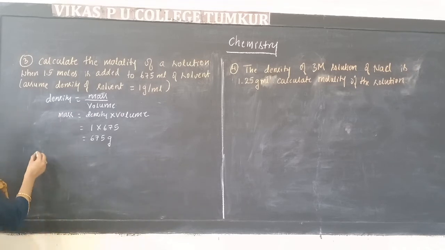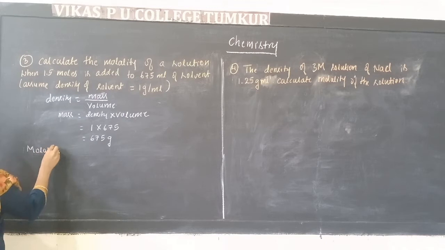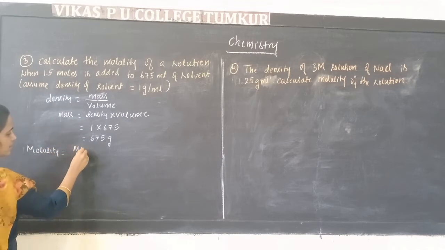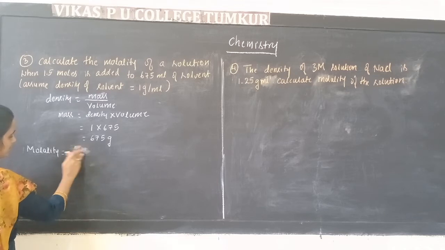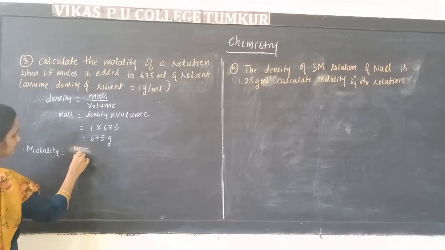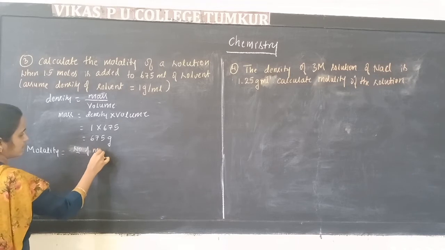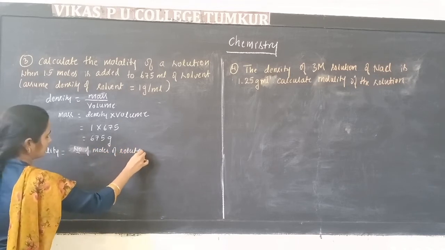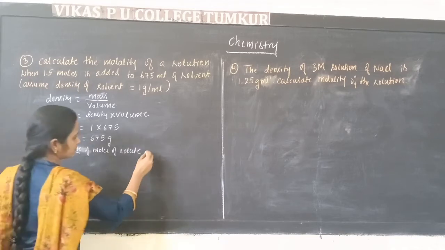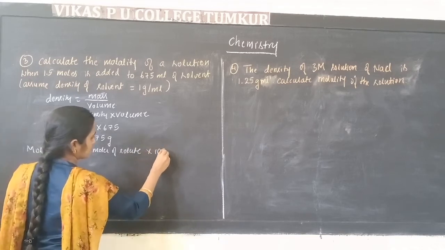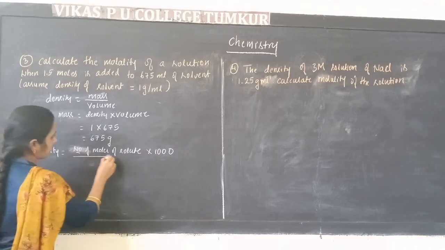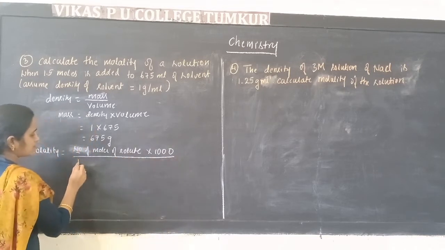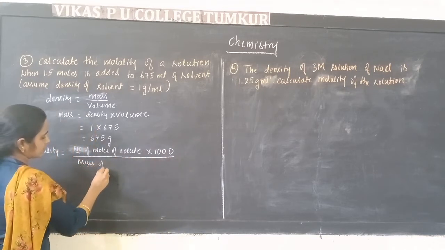Then the formula used to find the molality is equal to number of moles of solute into 1000 divided by mass of solvent in grams.